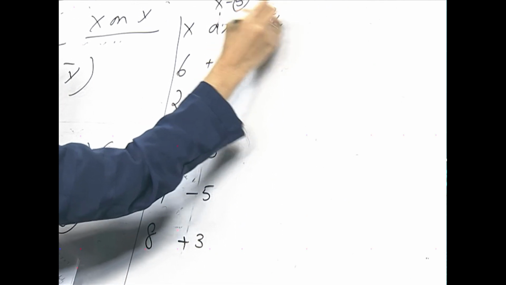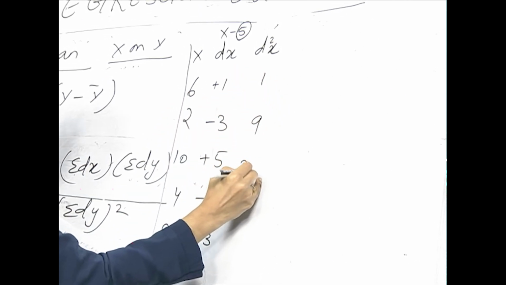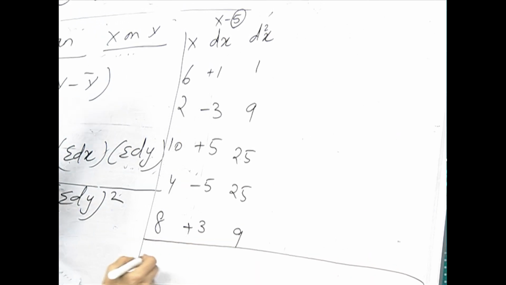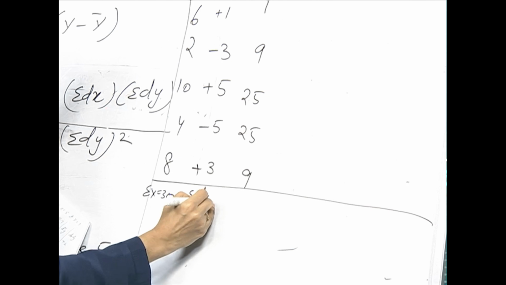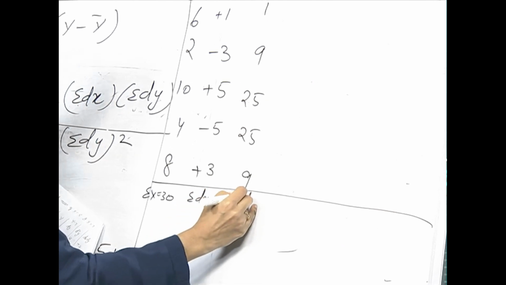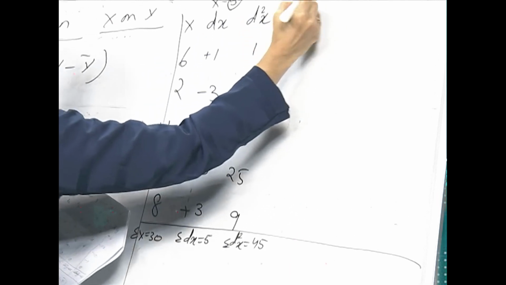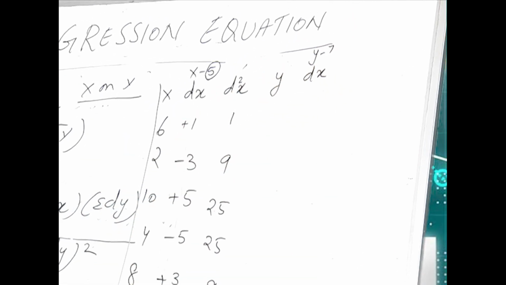Then I am squaring these deviations: 1, 9, 25, 1, 9. Then I take the values here. Sigma x 30, sum of deviation of x 5, squared deviation of x 45. Same way I will do for y also. So, y minus 7, because I took assumed mean as 7.